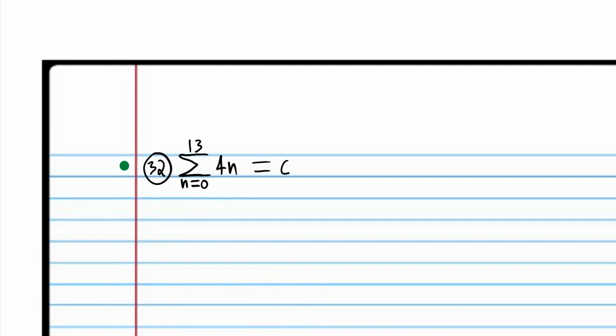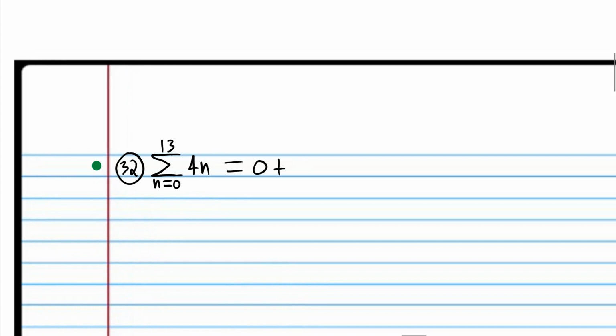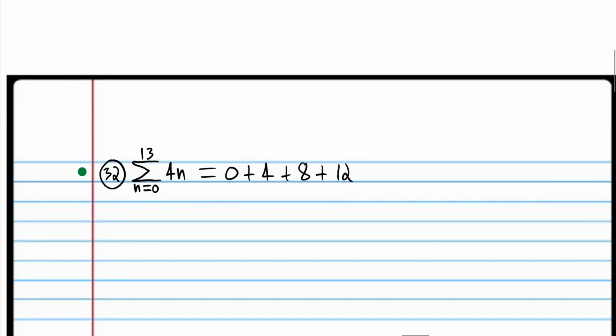Okay, we're back, so let's find a few of the terms here. We can see that this is obviously going to be an arithmetic sequence. The last term is 4 times 13.